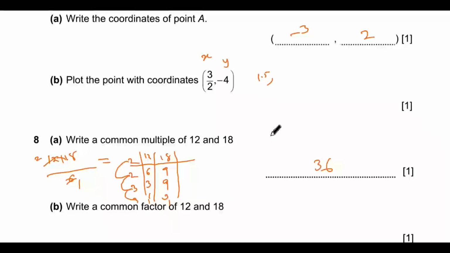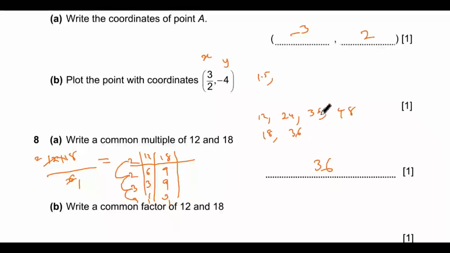Another method is to write out some multiples of 12. So that would be 12. Then the next one will be 12 times 2, 24. The next one will be 12 times 3, 36. The next one will be 12 times 4, that will be 48. So let's write some multiples of 18 as well. 18 times 1, 18. 18 times 2, 36.